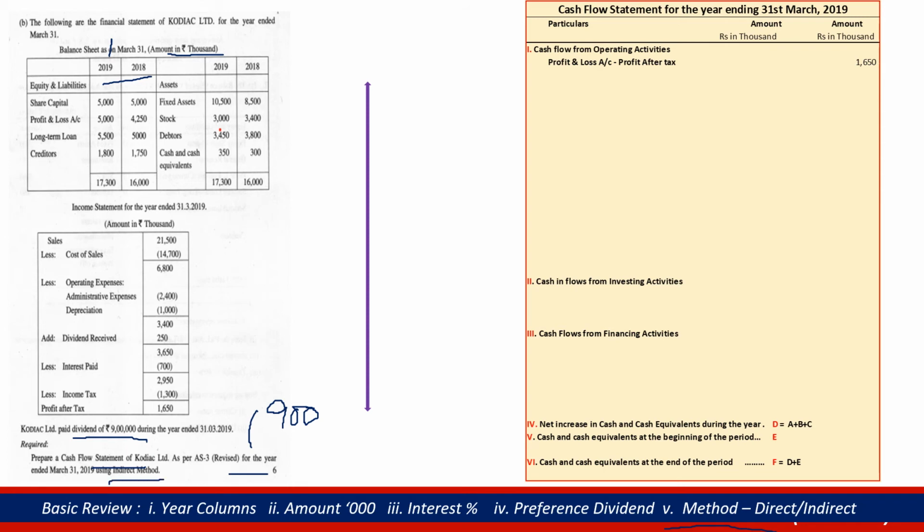That is our template. You need to remember this template very clearly. Have these three groupings clearly done from operating, investing, financing, total from these three, opening balance, closing balance. Now let's get going after having understood the basics. What are we going to do? We will start with profit after tax as the first item, 1650.